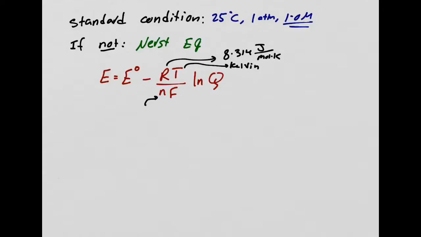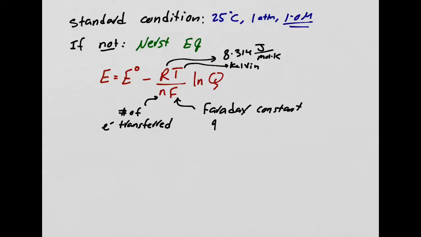N is the number of electrons transferred, the moles of electrons being transferred, because remember, redox is the transfer of electrons. Now the F is a constant called the Faraday constant. This constant is 96485.31 coulombs per mole of electrons, to be exact. So far, so good.